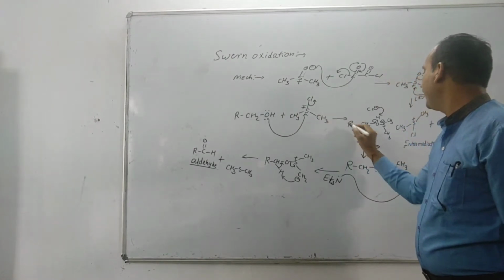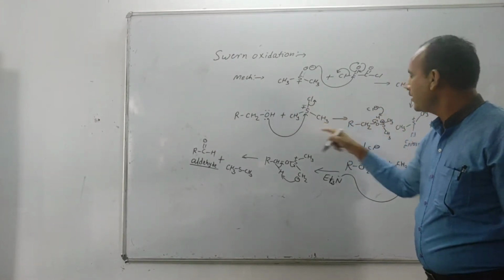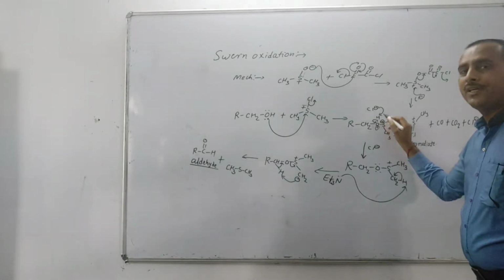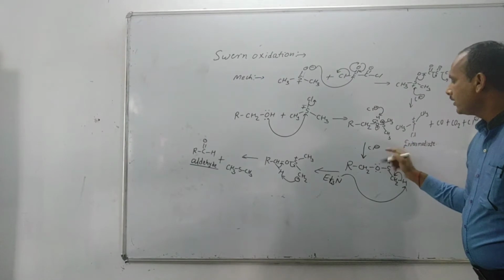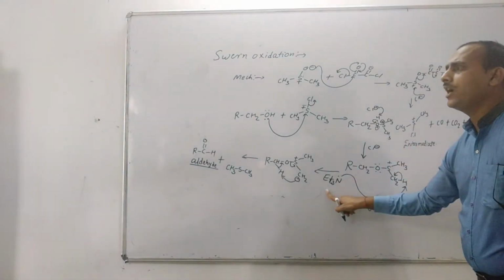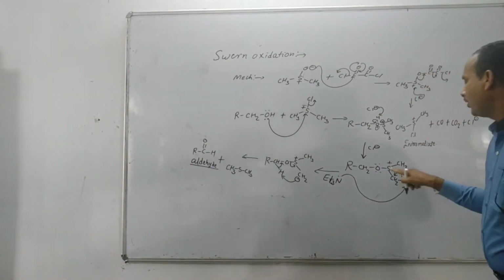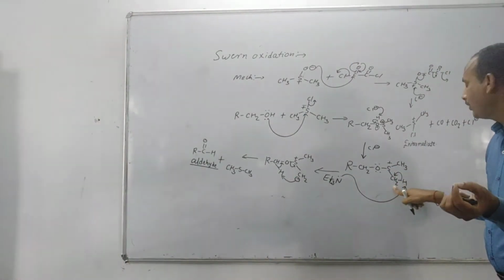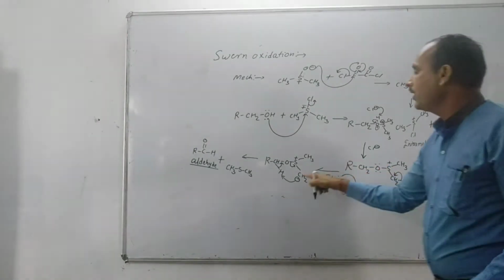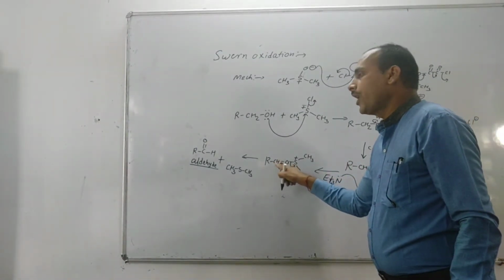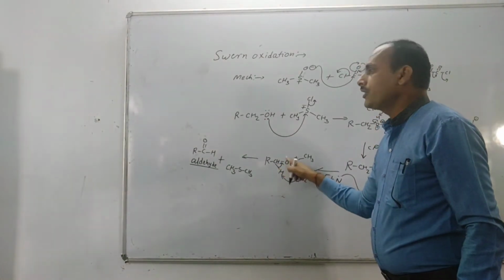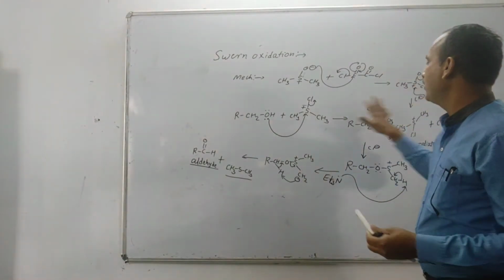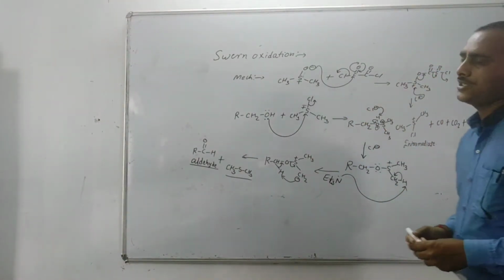Cl minus is eliminated, and again Cl minus takes the proton from the protonated alcohol. Then triethylamine as a base abstracts the proton from the CH3 of DMSO, forming a carbanion that abstracts the proton from the primary alcohol carbon, and it gives the aldehyde and dimethyl sulfide. So this is the mechanism for the Swern oxidation reaction.